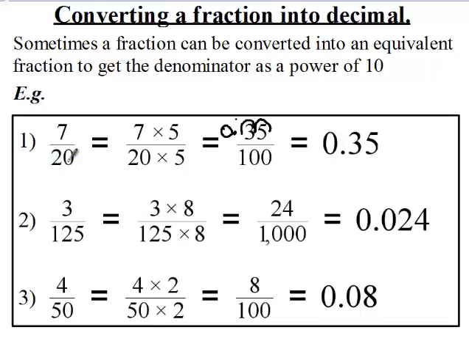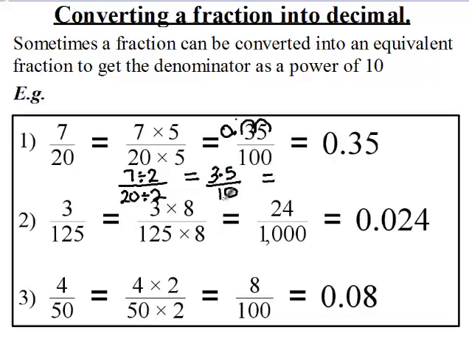If we decided to divide by 2, then we would have 7 divided by 2 out of 20 divided by 2. Then this gives us 3.5 out of 10.